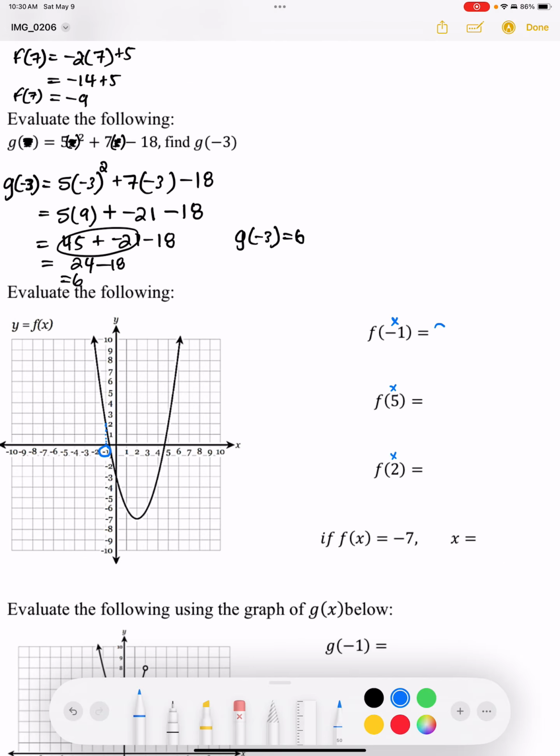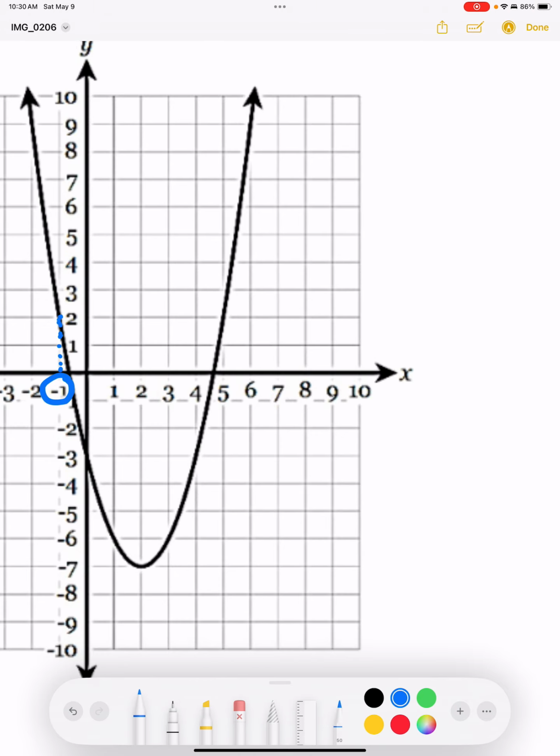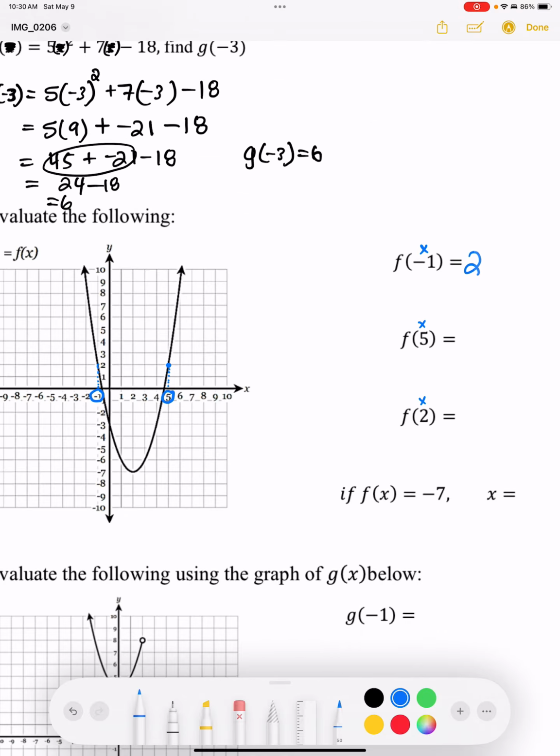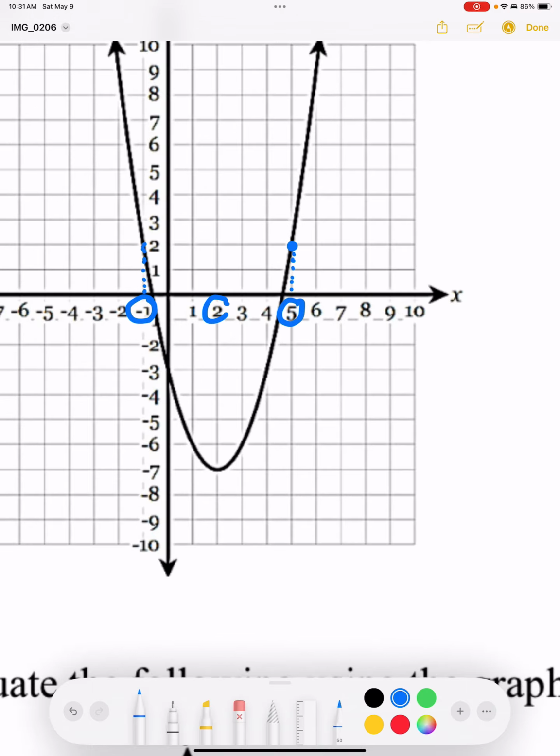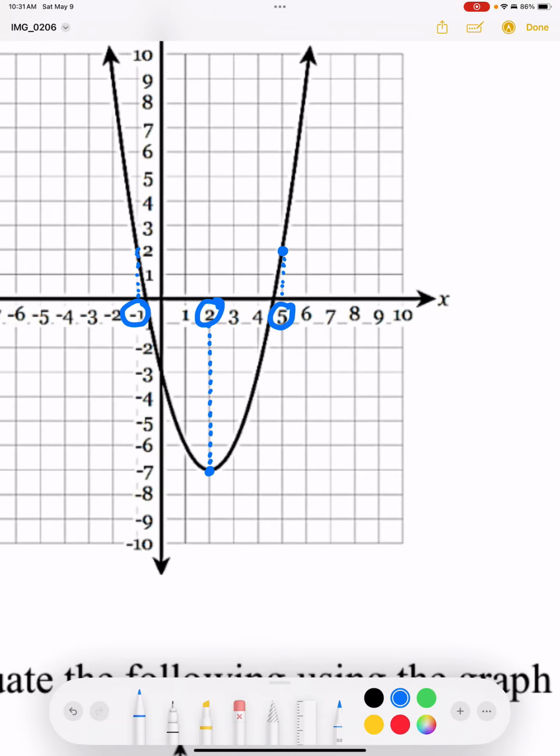So the answer is 2. If we go to 5, again, the graph is above, and the answer is also 2. If you go to the number 2, now the graph is under it, so you'd have to go down until you hit the graph. So the answer is -7 because you had to drop down to -7.